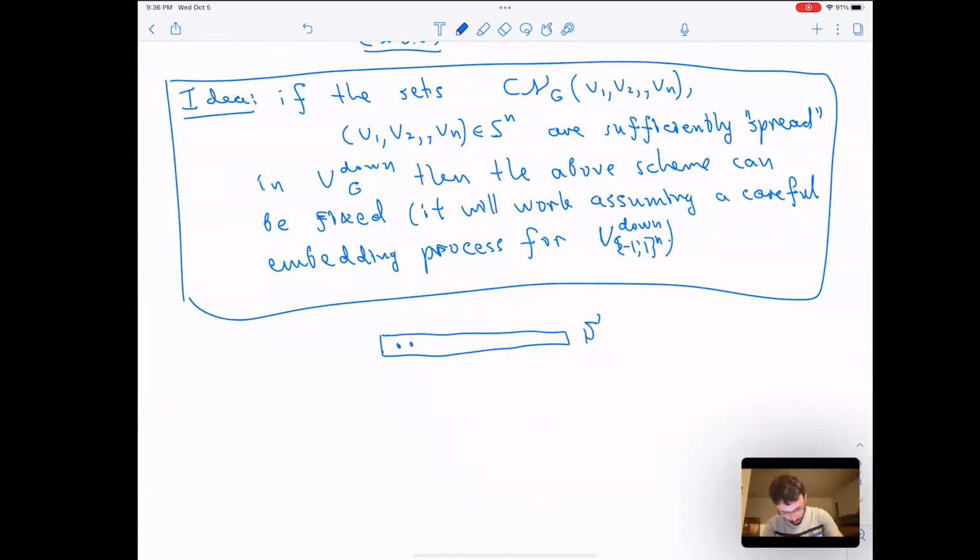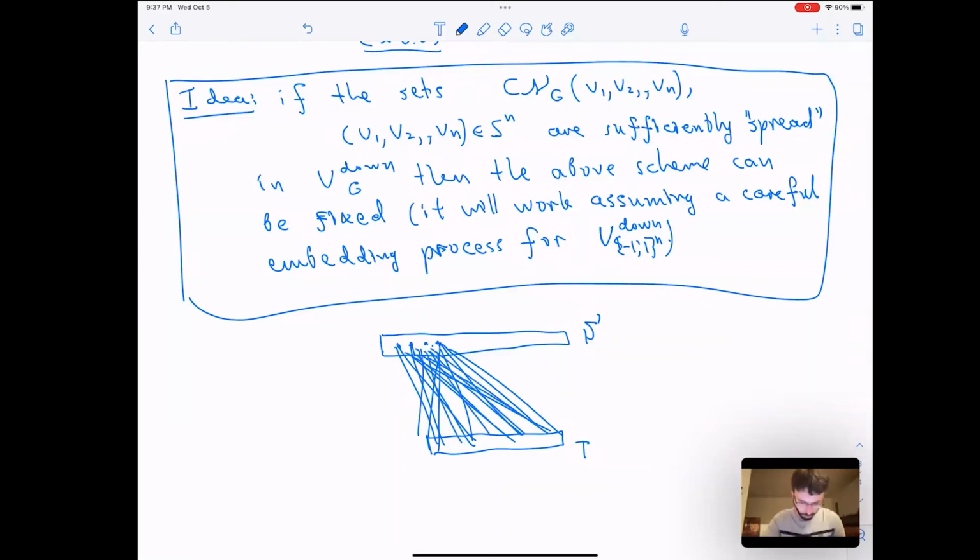And now, no matter which n-tuple we choose, the set of common neighbors of this n-tuple is going to be the same set T. So what does it mean? It means that of these 4 vertices, each vertex is connected to every vertex in T. So we'll have sort of a complete bipartite subgraph here.